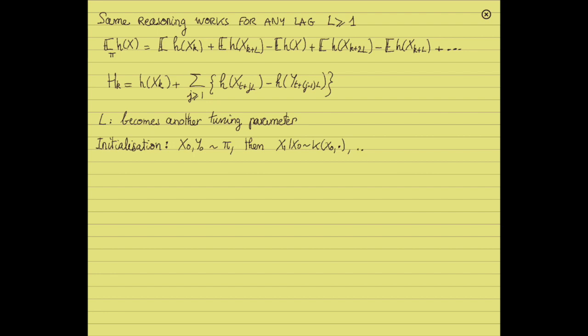And then you propagate the x chain for L steps. So you create x1 given x0 from k, xL given xL minus 1 from k. And then from step L, you start coupling. So you generate x_{t+1}, y_{t-L+1} given x_t, y_{t-L} from the coupled kernel k bar.